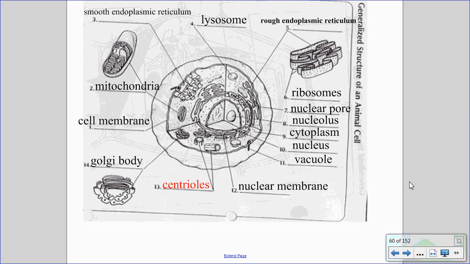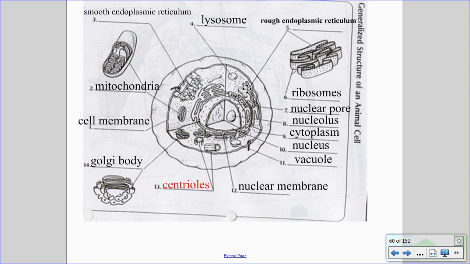Okay, here we are. Number one is the cell membrane. Number two in this diagram is the mitochondria, the mighty mitochondria, powerhouse of the cell. Number three is the smooth endoplasmic reticulum, or the smooth ER. Four is the lysosome. Five is the rough ER, and in this diagram they pull out that organelle and put it on the side here as well.